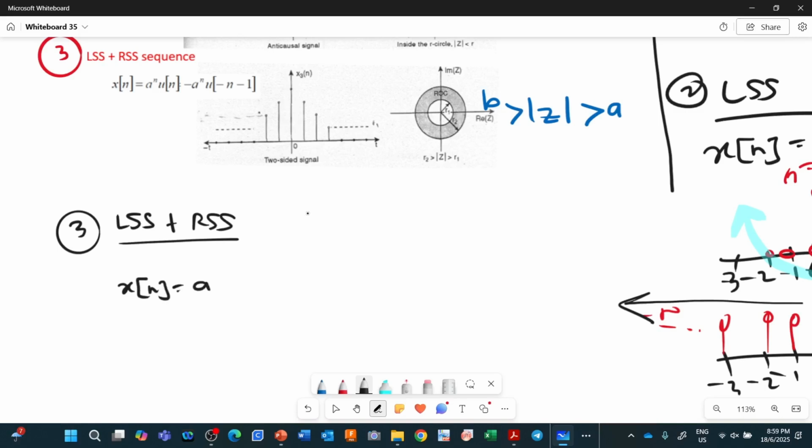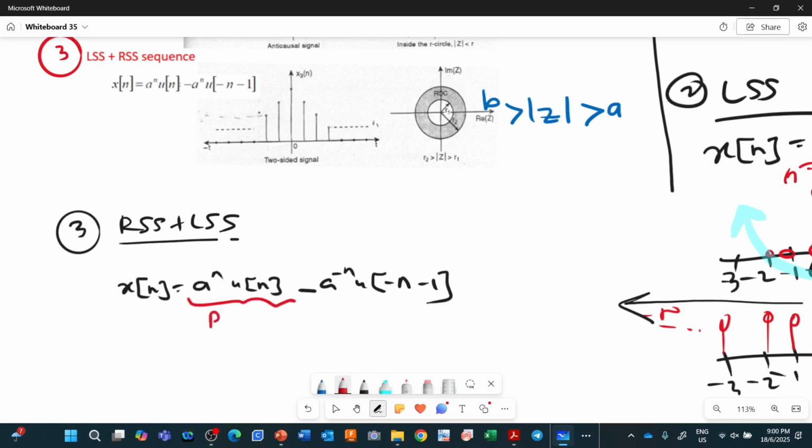The right-sided sequence is a^n u[n], and the left-sided is minus a^n u[-n-1]. So this one is the right-sided, this one is the left-sided. So basically, when you have an equation like that, then you know that it's going to be a donut shape, or ring shape type ROC.